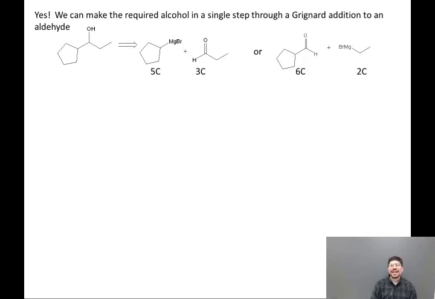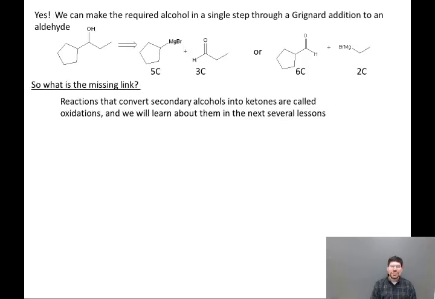Or it can be made from the 6-carbon aldehyde plus a 2-carbon ethyl magnesium bromide, depending on which bond ending at the carbon containing the OH you choose to use for your disconnection. So what's the missing link?